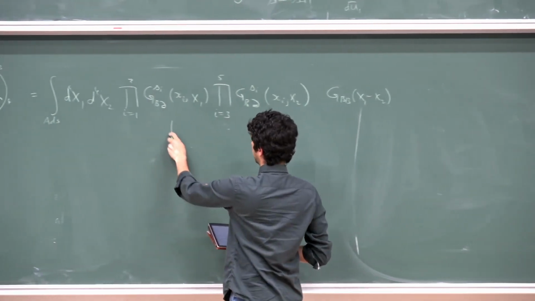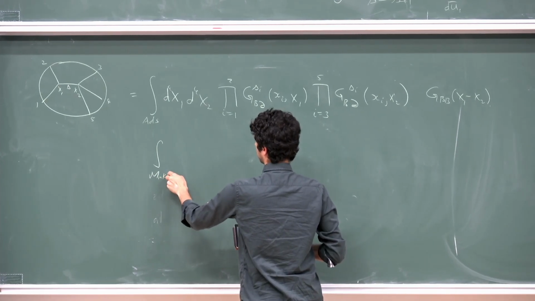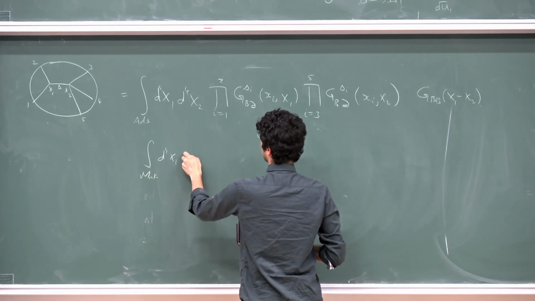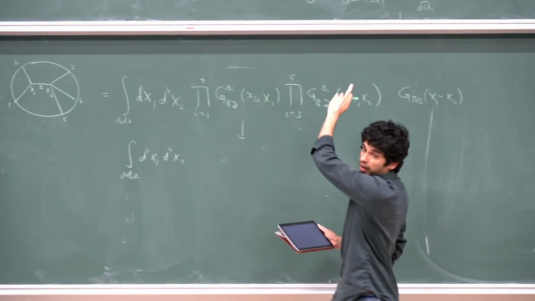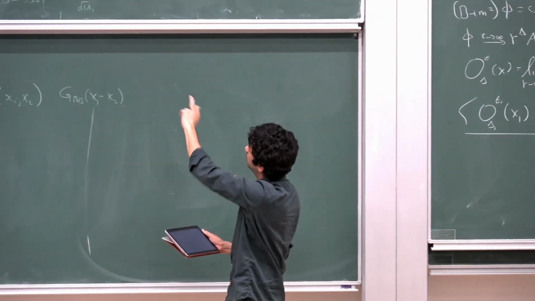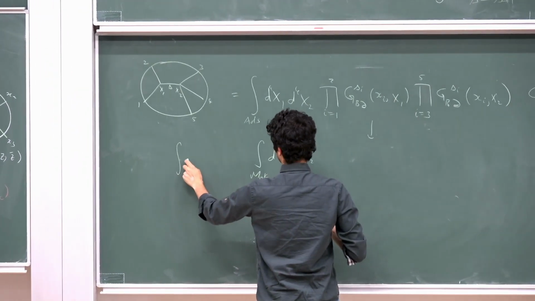And once I take the flat limit, I'm just left with an integral over Minkowski spacetime. And let me use the fact that the flat limits can be written as Fourier transforms to do this.